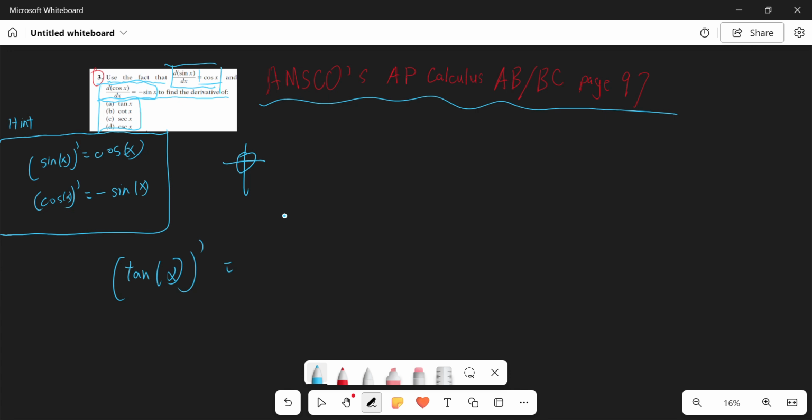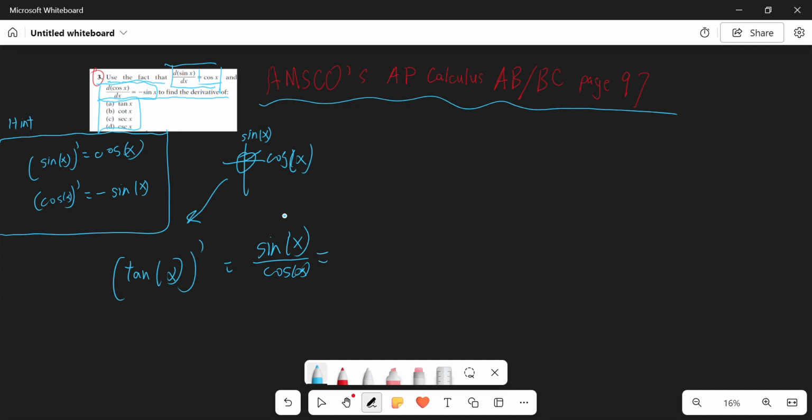You can think of sine as y and cosine as x. I like to think of tan the same way as the slope, and it's clearer and easier to comprehend that way. So tan x is sine x over cosine x.